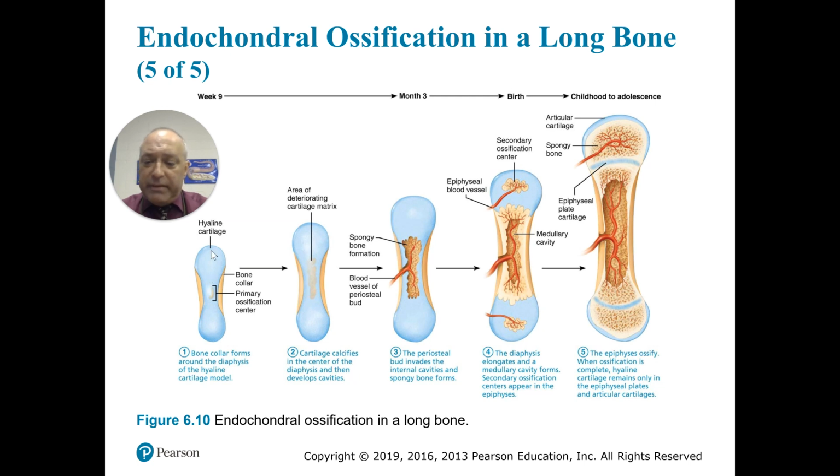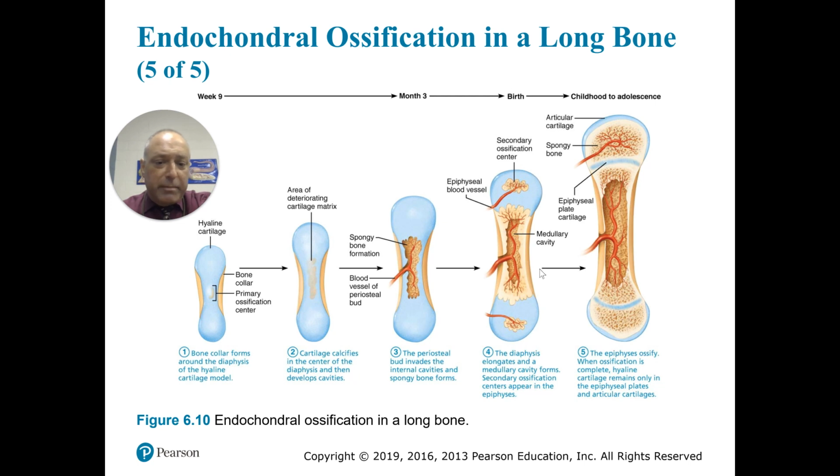So what happens is the hyaline cartilage ossification centers start to form, and blood vessels are numerous to support this structure with nutrients and other stem cells.